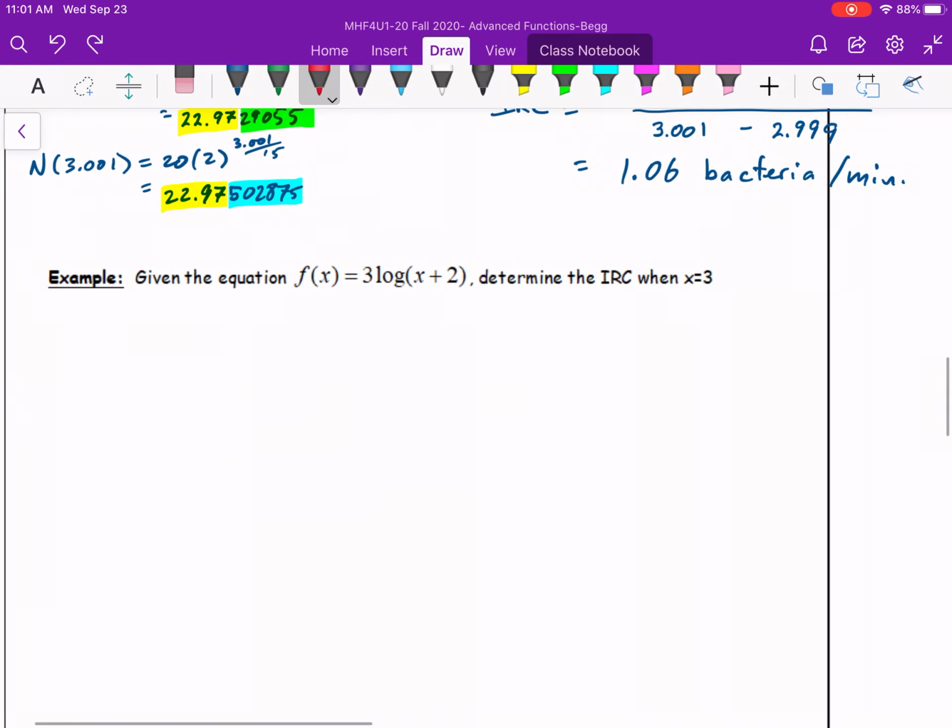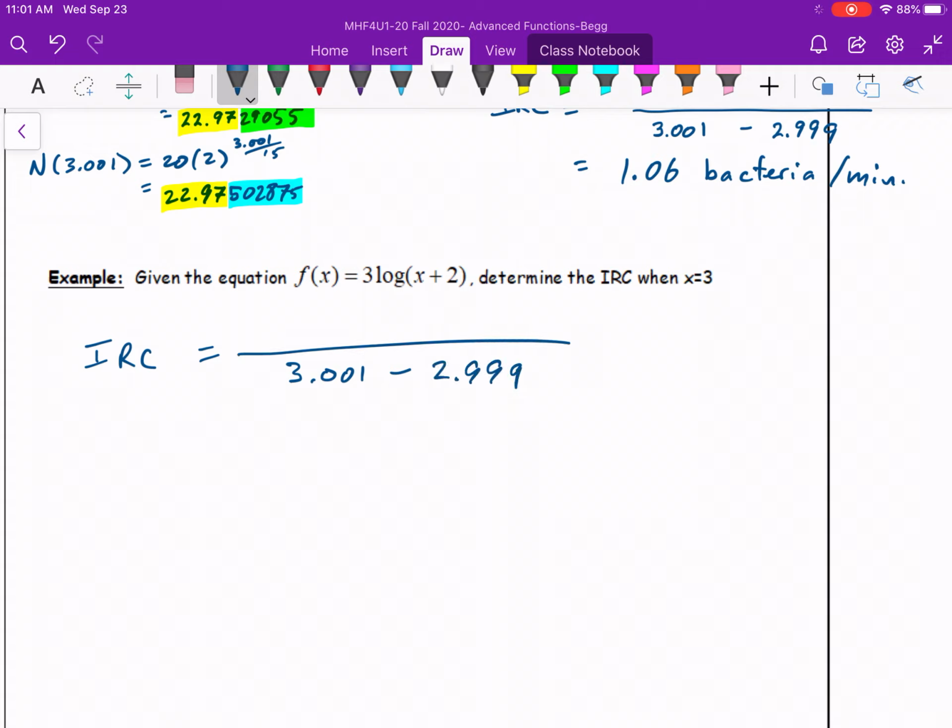So at 3 minutes, we've already seen that we want to have x values of 3.001 and 2.999. And as far as the top goes, sometimes if I want to do it all together at one thing, I'll just write it like this. I'll take the formula, I'll go 3 log, and then I'll put in the 3.001 plus 2 just to show what I'm doing here.